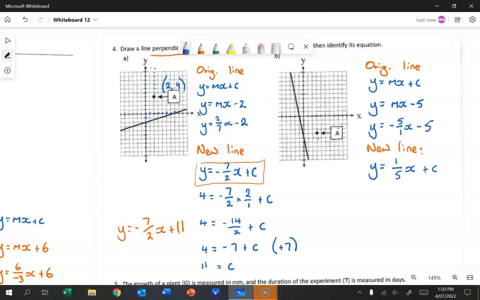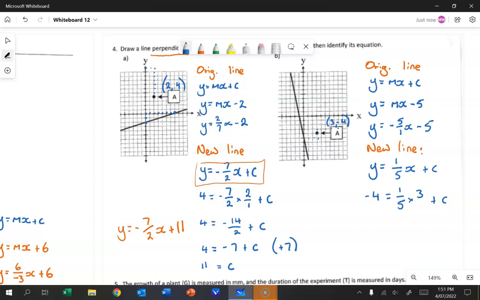So we've got the coordinates 3, minus 4 by the look of it. 1, 2, 3, 4. And what we'll do is replace the x and the y in our new line with those coordinates. So y becomes minus 4, x becomes 3.